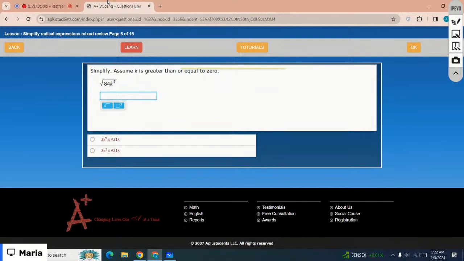Yes, that's the second one: 2k squared times square root 20k. Option number 2 is the correct option. Got it? The correct option is option number 2. Very good.